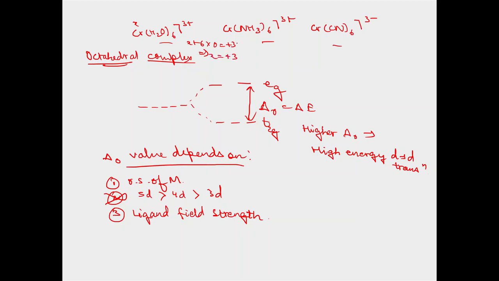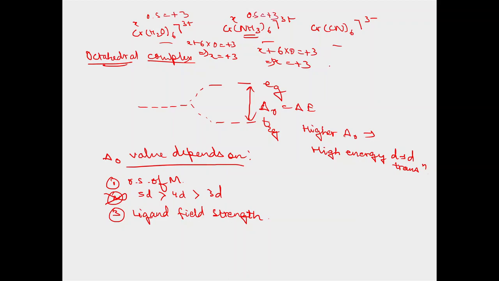Plus 3, right? Now again for this complex as well, ammonia is also a neutral ligand and it carries 0 charge. So here also X plus 6 into 0 is plus 3, that is X is equal to plus 3. So in this case as well, chromium is present in plus 3 oxidation state.